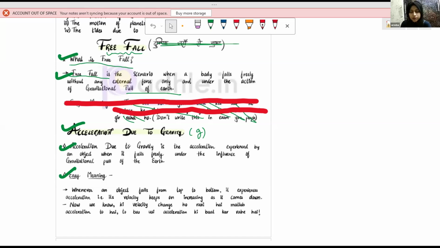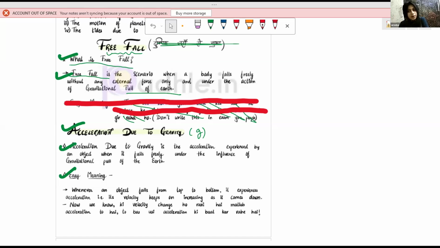First, what is free fall? Free fall is when, let's say, I am dropping something from the top. There are other forces existing in nature, be it air resistance, friction, or anything else. But when we are talking about free fall, the object is only under the influence of gravity.